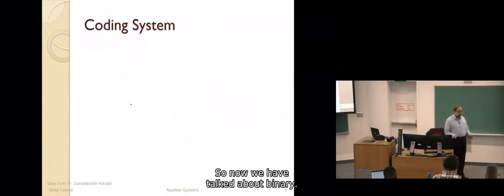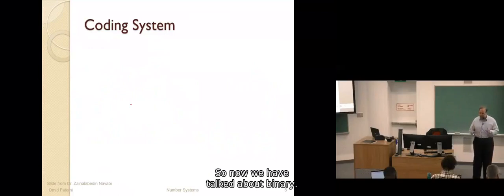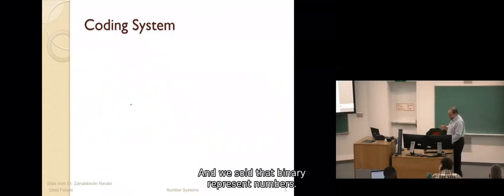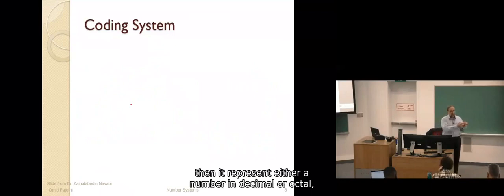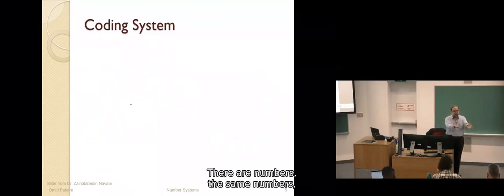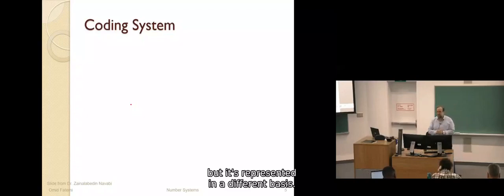So now we have talked about binary, and we saw that binary represents numbers. When you have a number in binary, then it represents a number in decimal or octal, or they are all the same. They are the same numbers, but represented in different bases.